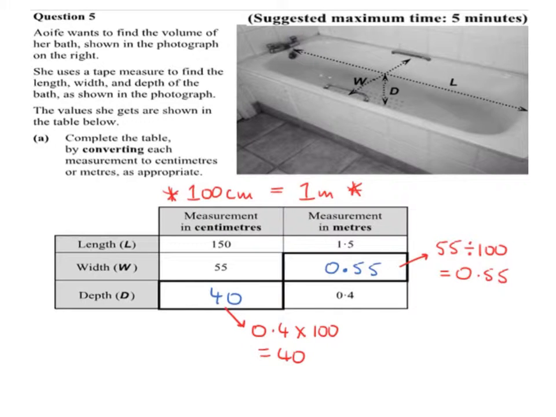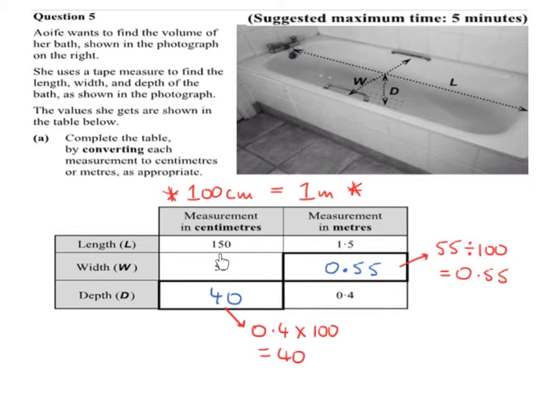So to go from centimetres into metres, we divide by 100. And then to do the opposite, to go from metres to centimetres, we multiply by 100. So 0.4 metres multiplied by 100 gives us 40 centimetres.